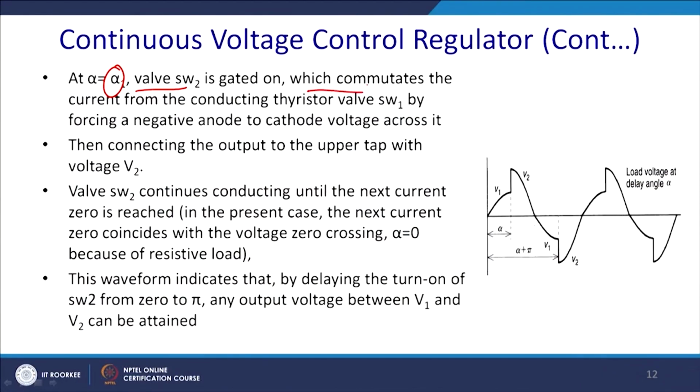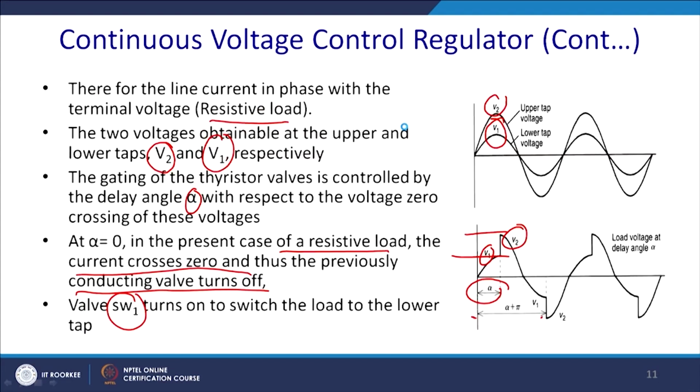At alpha equal to alpha 1, the valve SW is switched or gated on, which commutes current from the conducting thyristors of valve SW1 by forcing a negative anode to cathode voltage across it.